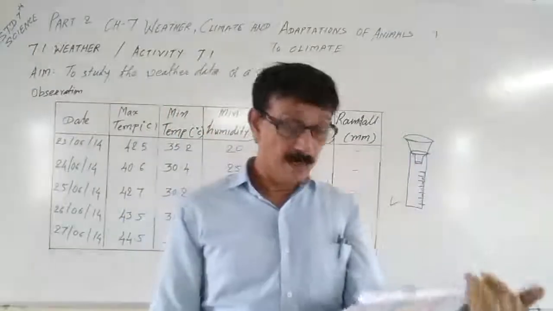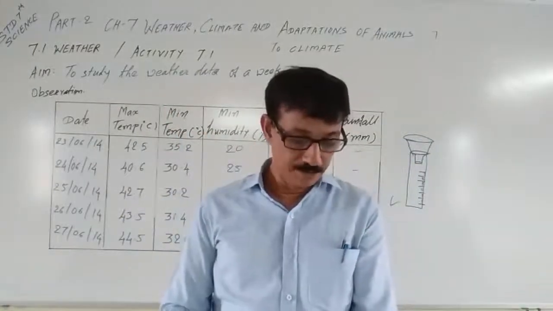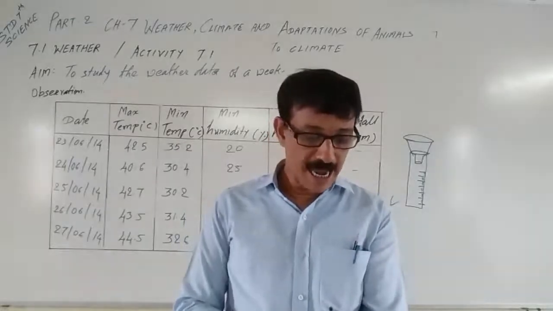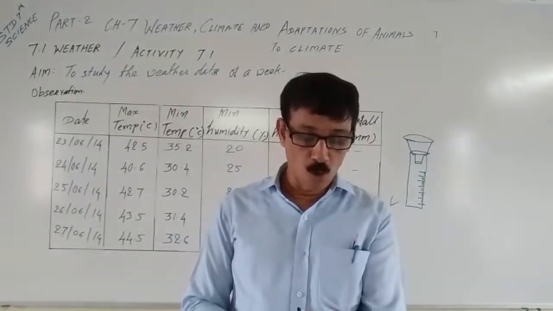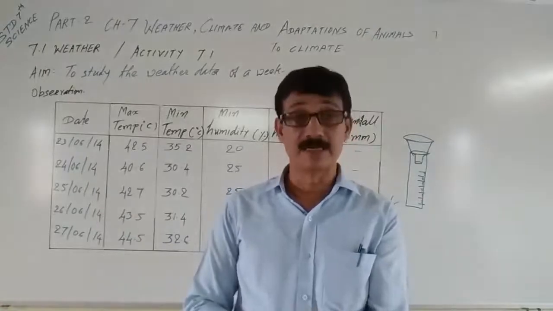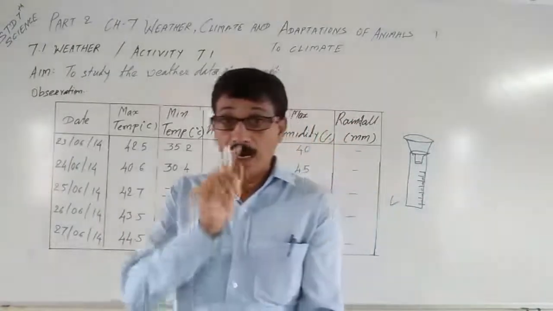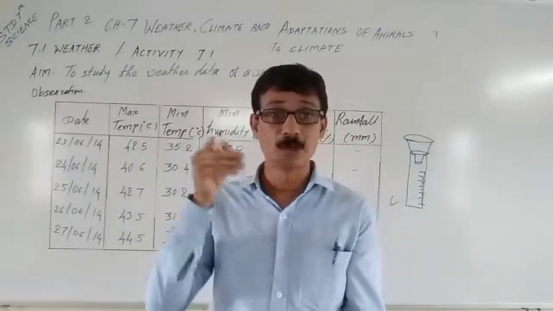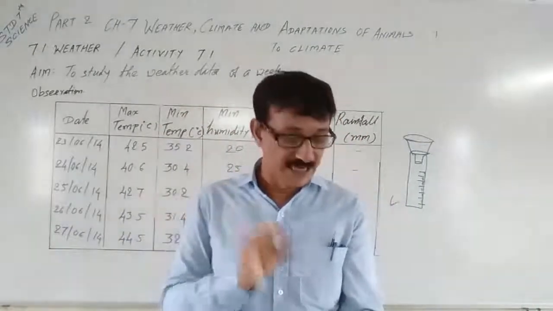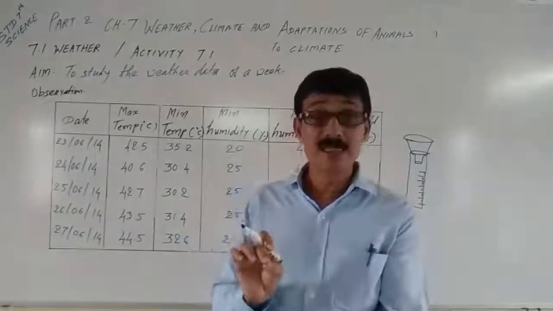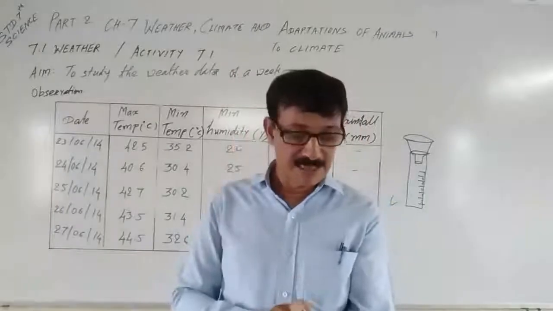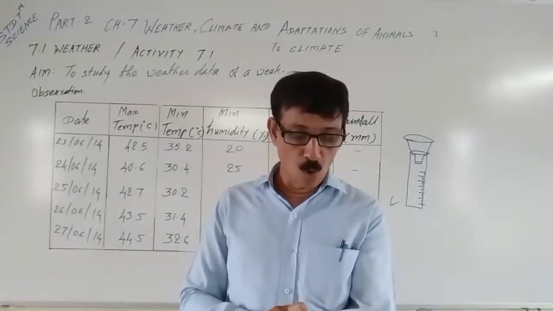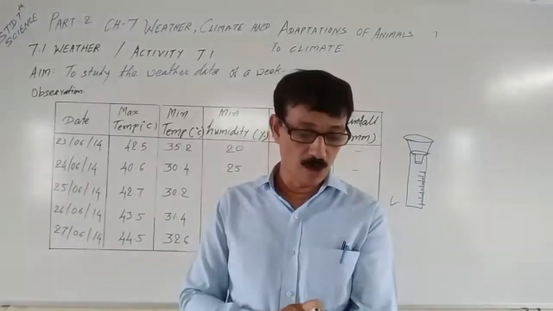And the other one is also there: the temperature, humidity and other factors are called the elements of the weather. Underline this also. Why? Because this is either your blank or your MCQ. That is why. Remember well, the temperature, humidity and other factors are called the elements of weather.